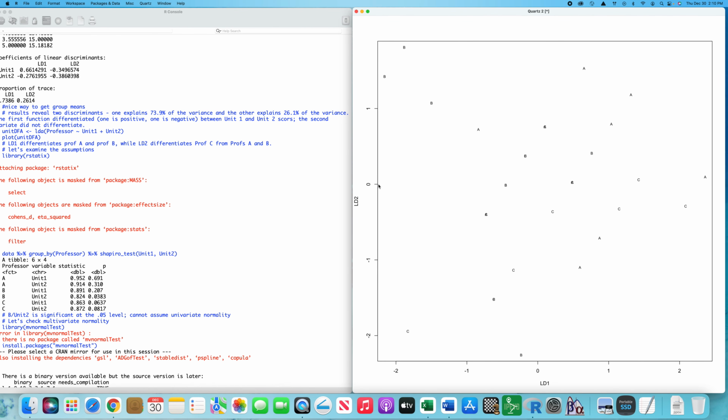Whereas for LD2, if I draw a line right here, it seemed to differentiate between Professor C and Professors A and B. So go through and count those and examine their proportions, and it seems to do a pretty good job of that. Again, not as convenient and clean as the p-values we're used to, but sometimes we have to dive into our plots and actually examine a little further.